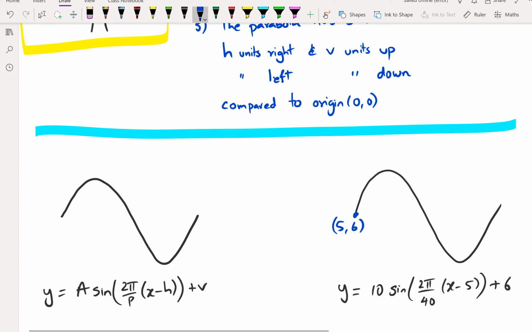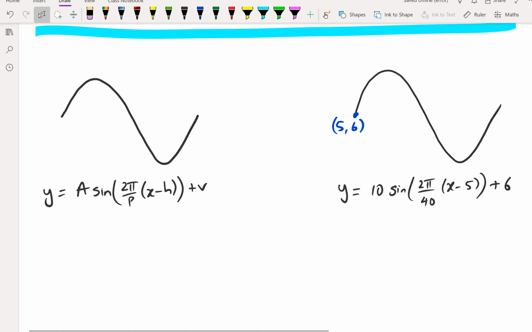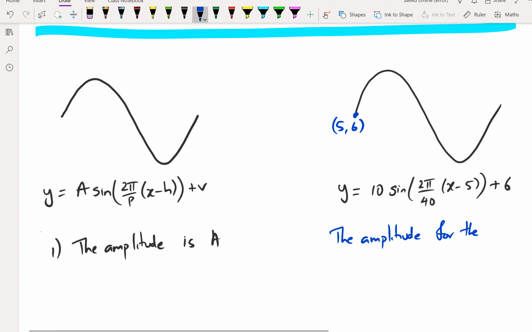Now with the sine graph, there's only a few things you can actually talk about. The first feature you can talk about in the sine graph is the amplitude for the sine graph, which is A. So in the example, I would simply write that the amplitude for the sine graph is 10.